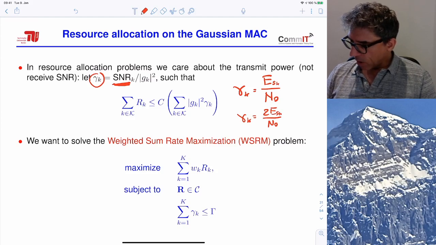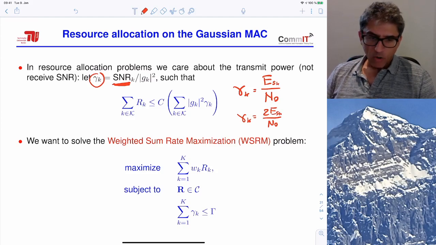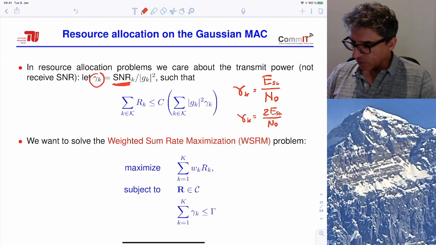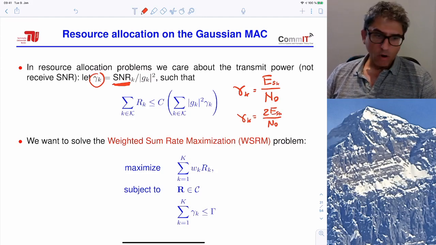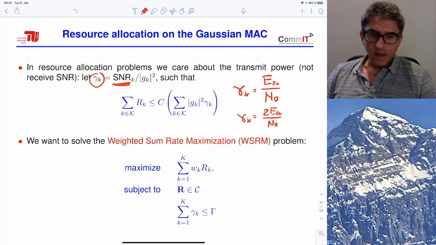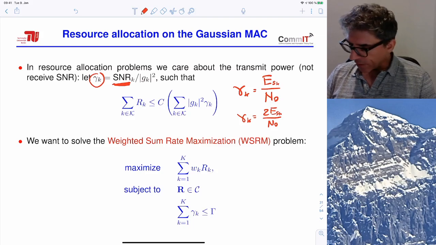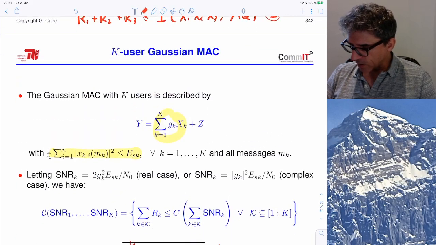Okay? So why do we use this normalization? Because we know that this capacity region depends only on the ratio of energy per symbol divided by N0, because as usual we can scale everything when the channel has this form.